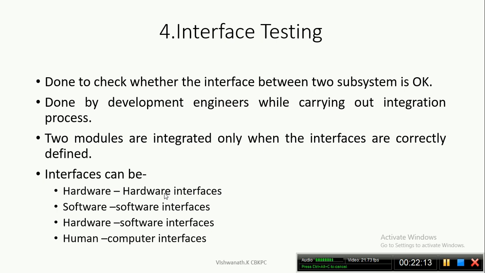Now here the interfacing calls for specifying parameters like the physical connection between the two different hardware. Next are the electrical parameters, which means the voltage variation between two hardware systems. And the next is the protocols, the rules for communication between different hardware.